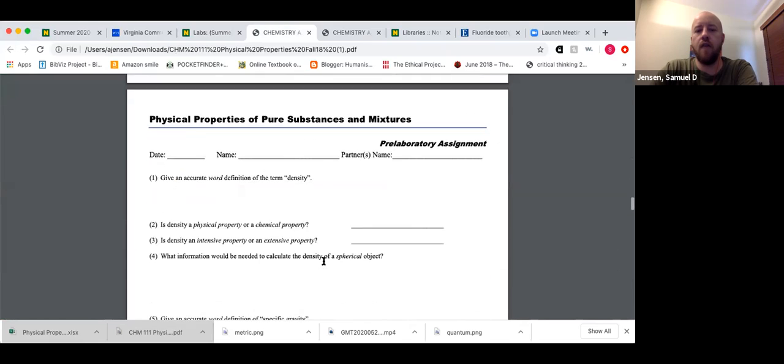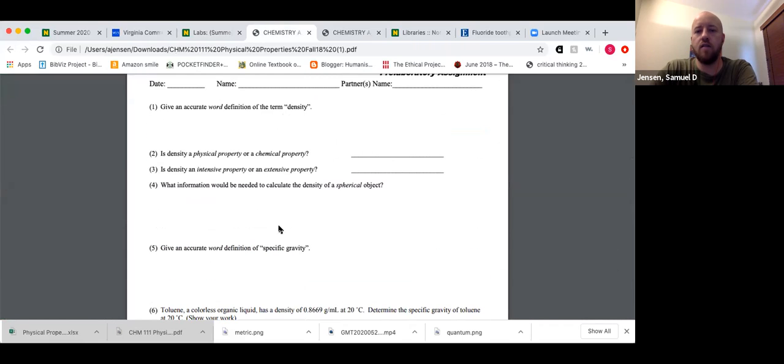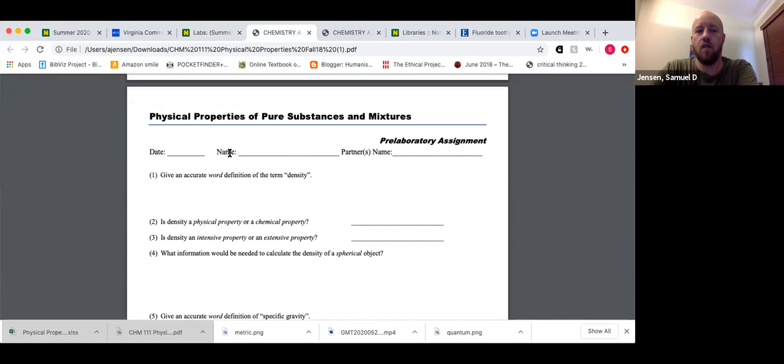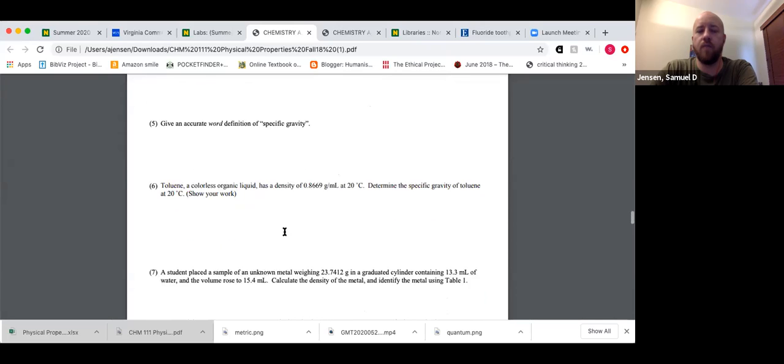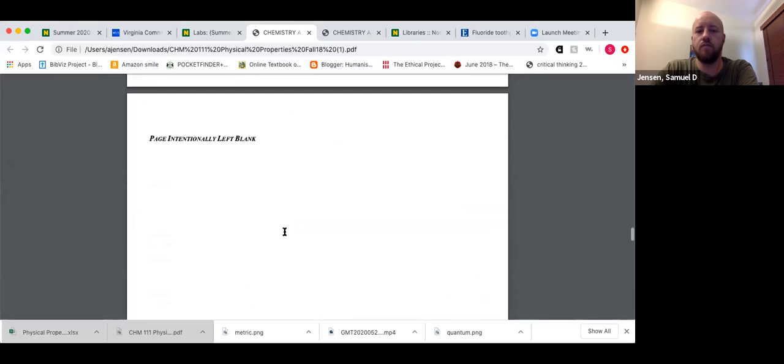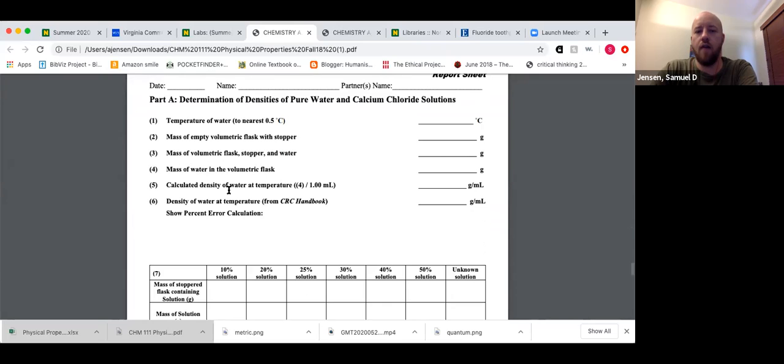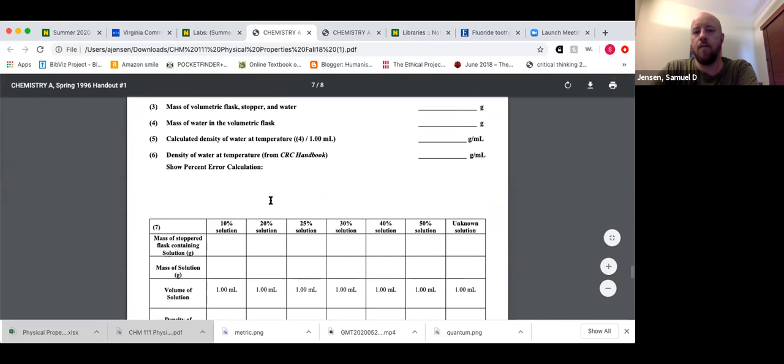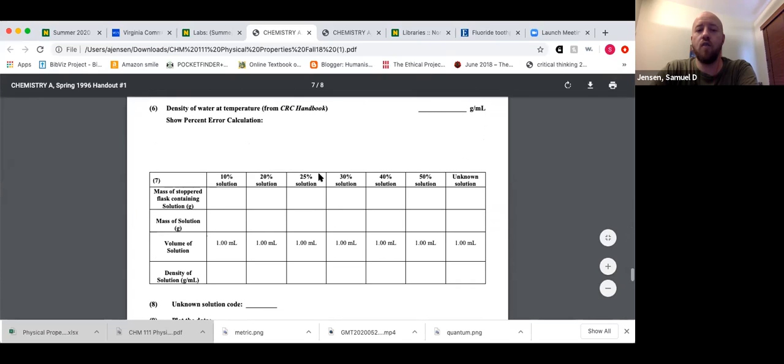The PDF has the pre-lab questions. You need to copy these pre-lab questions into your report. You have a data table that you would copy into your report.